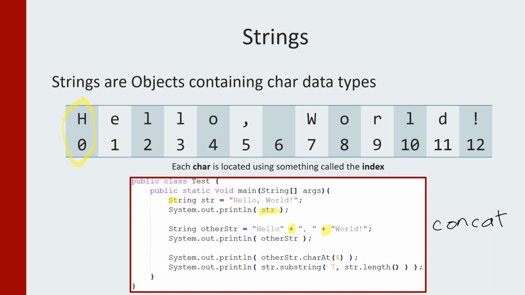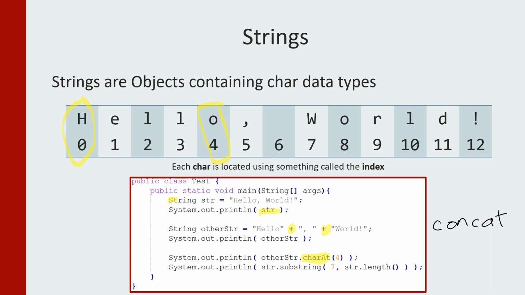Other things that you can do: you can grab a char at a certain index. Here I have other string, which is hello world, and I want to get the char, the letter, at the 4th index. Which one is that? Okay, good. You can see that O is at 4. Now I have System.out.println of str, which is still hello world, dot substring 7 all the way to the length of the string.